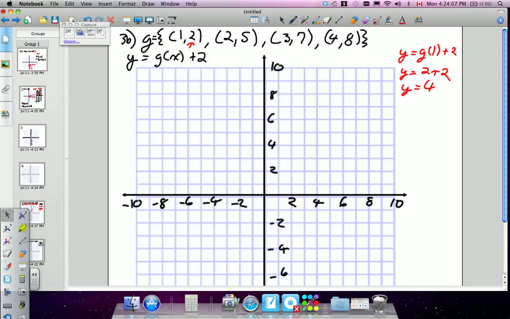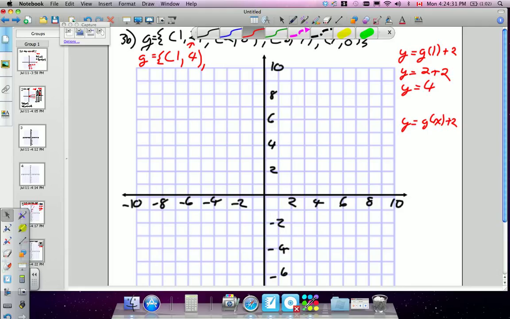Okay? So when we're drawing our new y value, I know I drew it under here last time. I'm just going to erase this and put it below on this side. We're dealing with y equals g at x plus 2. Our new g, our very first point, is 1 and 4, which was the same as before, but you'll notice the next one's a little different. In the next one, we're dealing with when x is 2, so g at 2 plus 2.